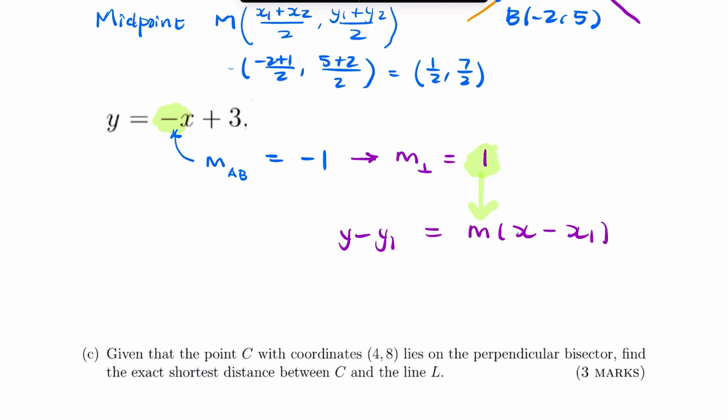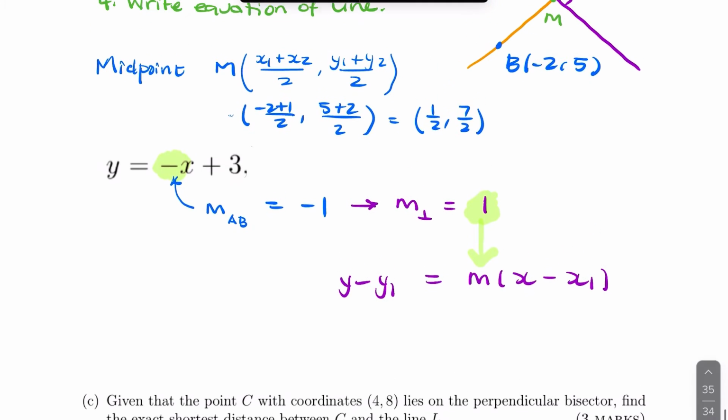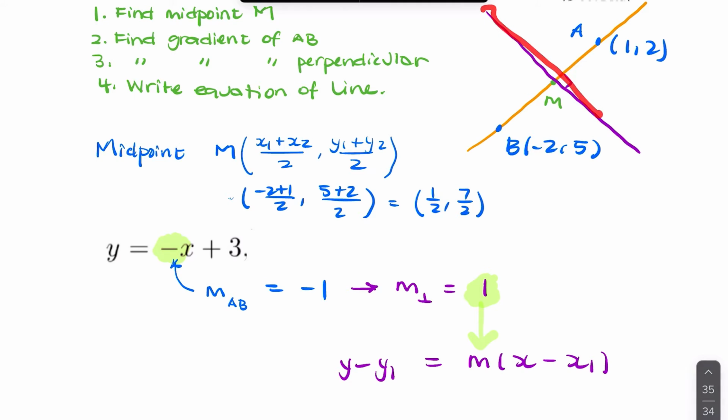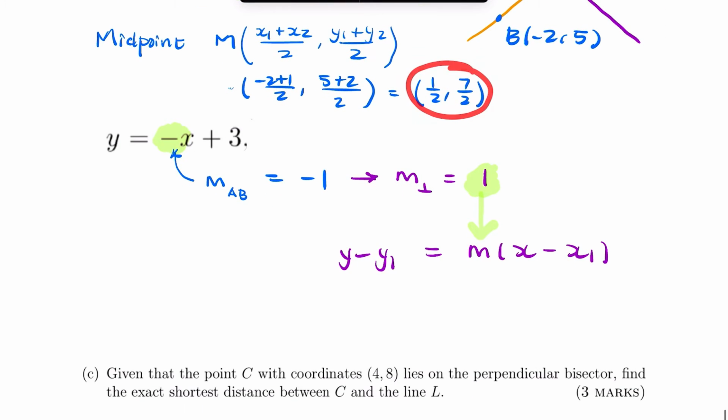Now x1 and y1 are the coordinates of a point on the line. Remember, we're finding this line here. So the only point we know is the midpoint. And the midpoint we just found there. So you can use the x that you found here for x1 and the y that we found here for y1.